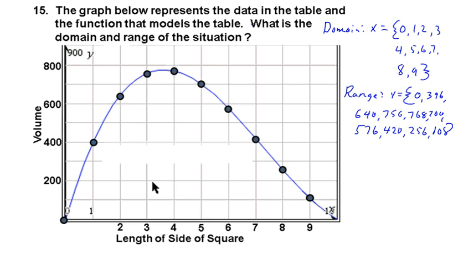So that would be our domain and range for this situation.